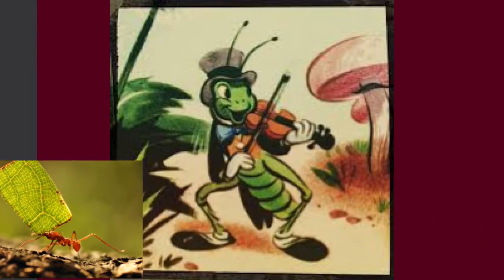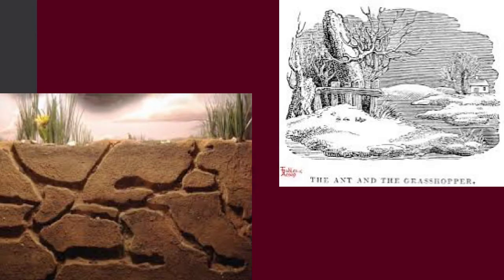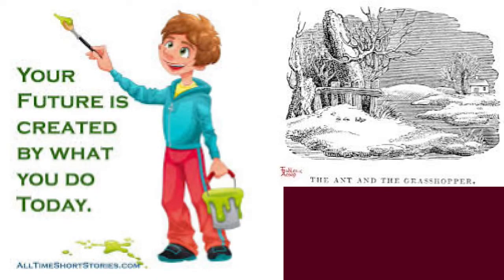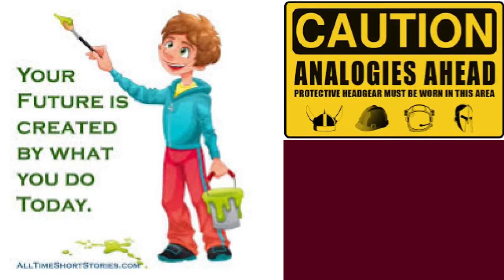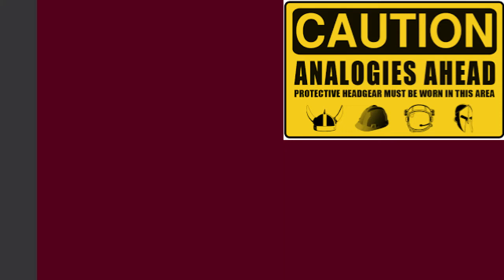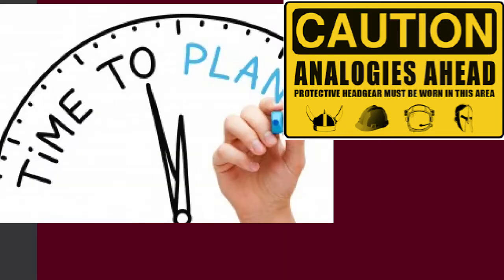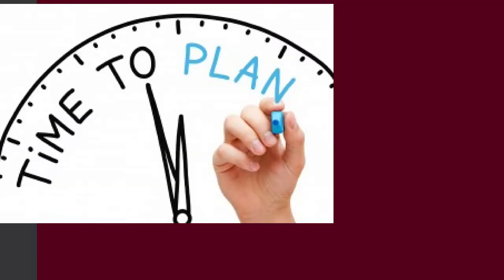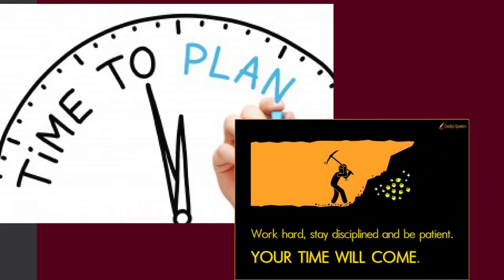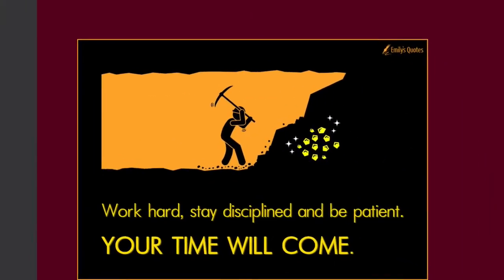The grasshopper fiddles around and plays around all summer, giving no thought for tomorrow. Then, when winter comes, the ant lives warm and comfortable, while the grasshopper starves, freezes, and dies. The analogy here draws a comparison between being industrious and planning for tomorrow, as opposed to living thoughtlessly, as though tomorrow will never come.